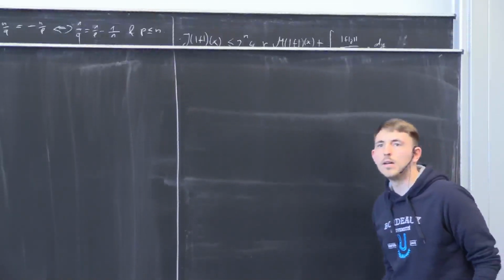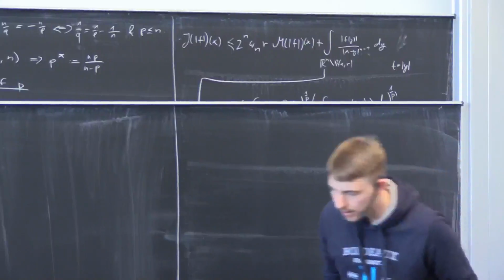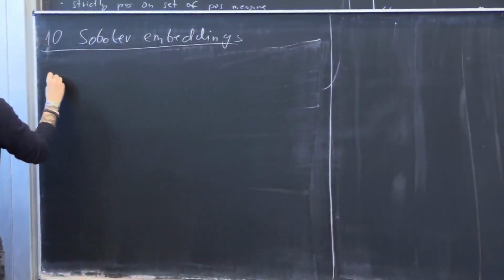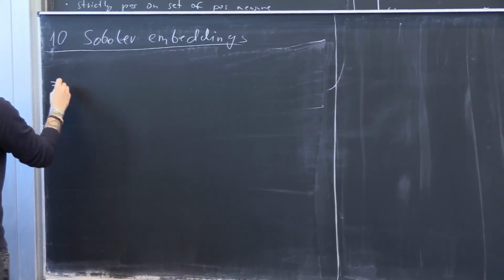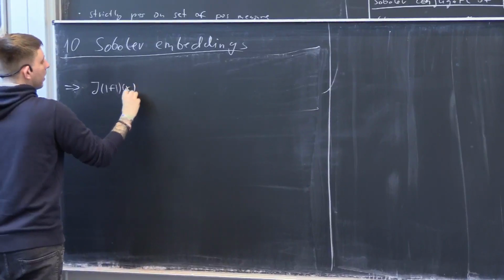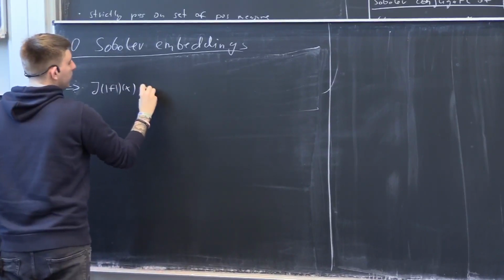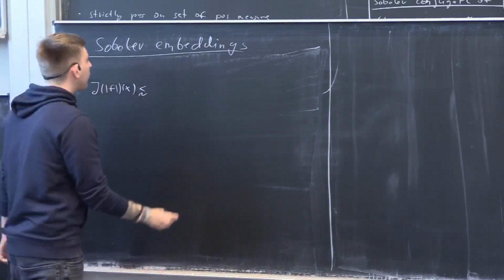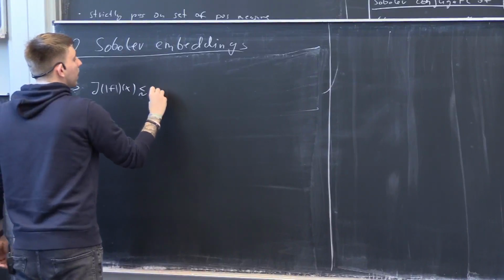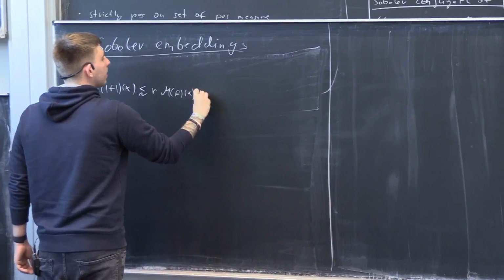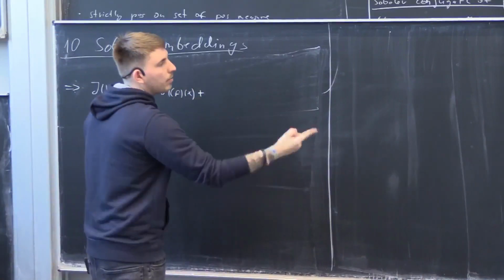Now we can combine both estimates that we had. So this implies that j of the absolute value of f in x is estimated, I throw away all constants, but we saw that there are only constants that depend on dimension and on p, by, for the on-diagonal part, we had r times Mf evaluated at x, plus what we had right now.